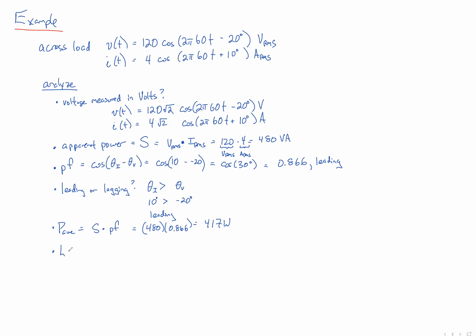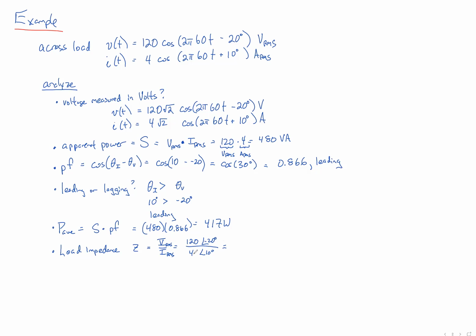Last thing, let's talk about what the load impedance has to be for this to be true. The load impedance, Z, I haven't drawn the circuit, but you can already figure out what that circuit is. It's equal to V over I, which is, we said V is 120 at an angle of -20, over I, which is 4 at an angle of 10. And notice that although I've drawn it in RMS, Ohm's law works equally well for RMS or non-RMS, because if we draw it in RMS, the square roots of 2 just cancel out.